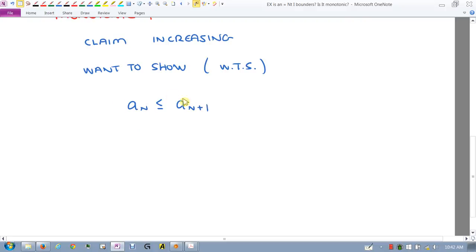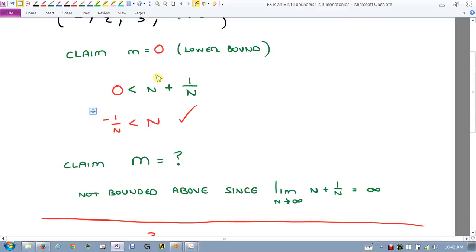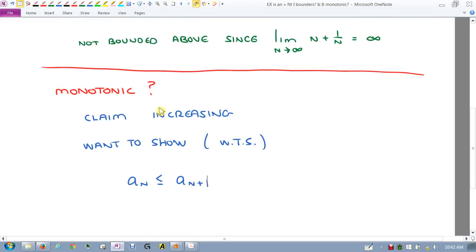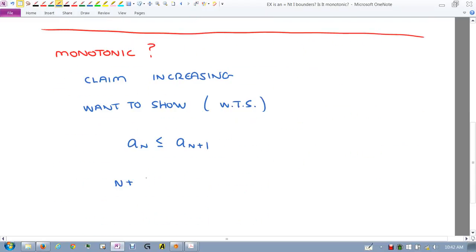So now we're going to work with this inequality, and we're going to see if we come up with a true statement at the end. So plug n into the sequence, or write down the sequence, which was n plus 1 over n. I'm claiming that that is less than or equal to a sub n plus 1.